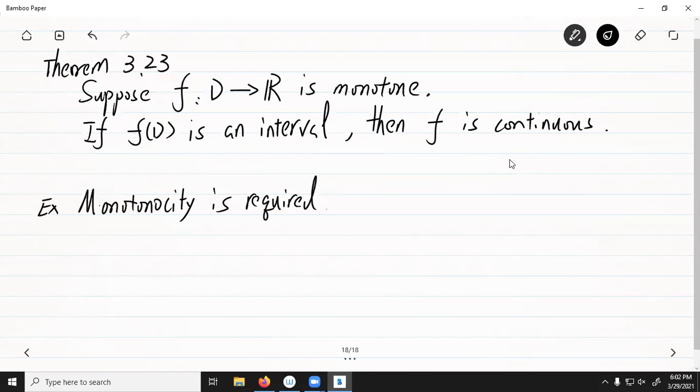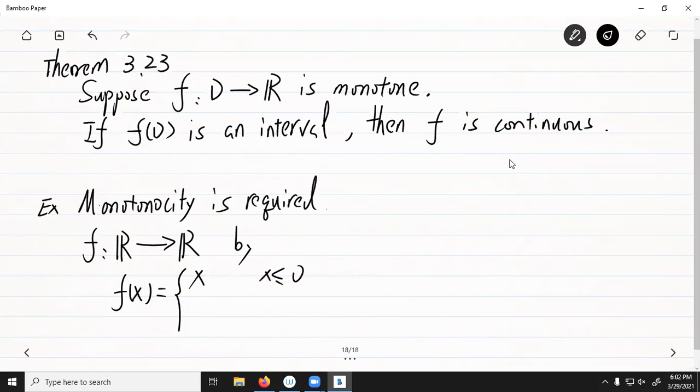It would not be true if the function is not monotone. For example, f from R to R is defined by f of x equals x when x is less than or equal to 0, and equals 1 minus x when x is greater than 0.